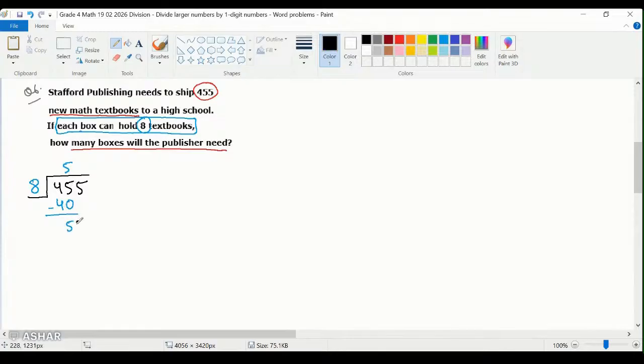We bring down this 5. 8 times 5 is 40, 8 times 6 was 48, and 8 times 7 was 56. But we have a 55, right?